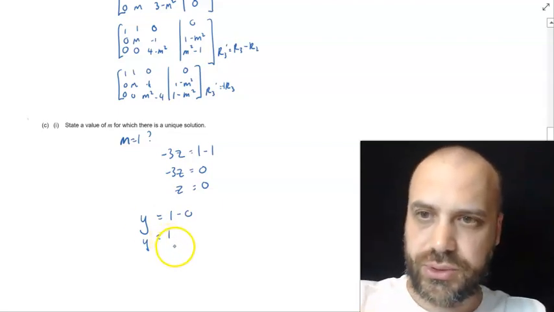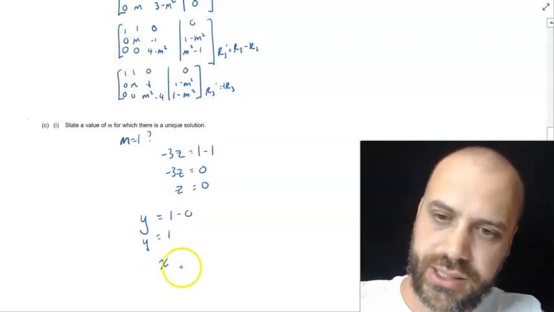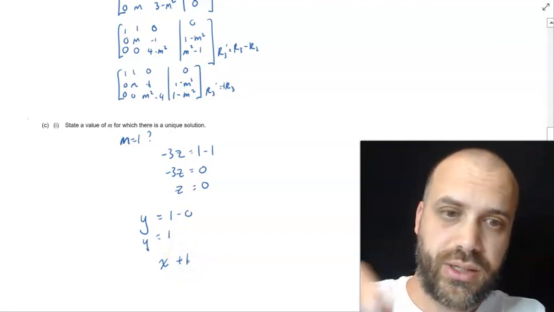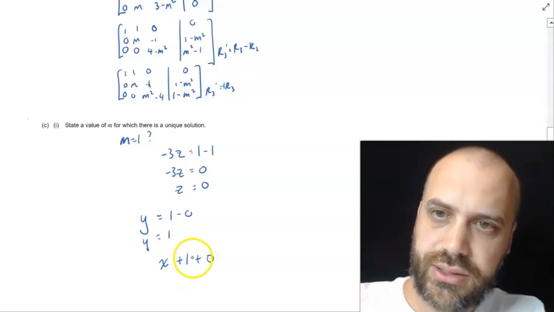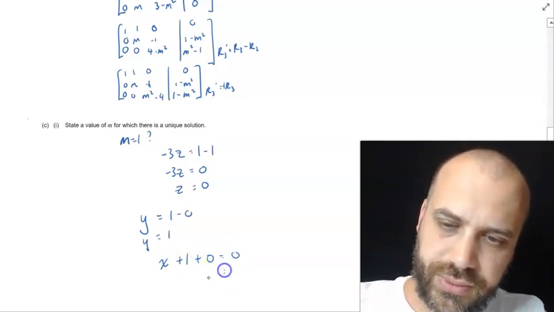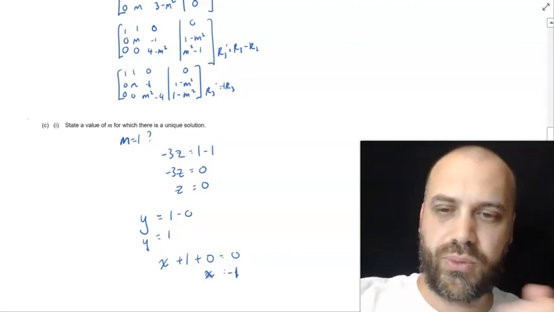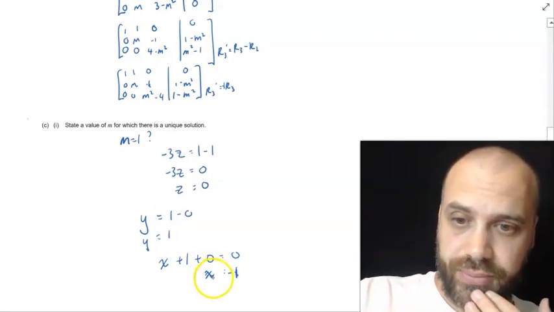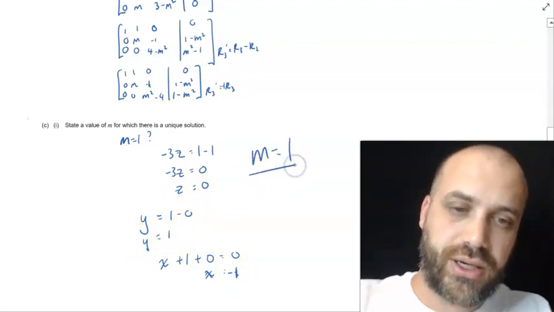So if y is equal to 1, we've got 1x plus 1, because y is equal to 1, plus 0z equals 0. That means that x is equal to negative 1. Okay, that leads me to a unique solution of x equal to negative 1, y equal to 1, and z equal to 0. So M equals 1. I'm happy with that.